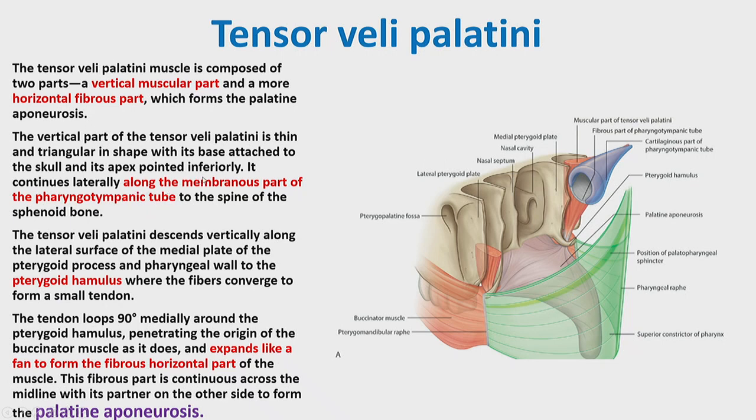So this connection of the lateral continuation of this muscle to the membranous part of the pharyngotympanic tube, be careful, or eustachian tube or the auditory tube, is important for the effect of this muscle, not only on the soft palate, but also on the opening of the eustachian tube.